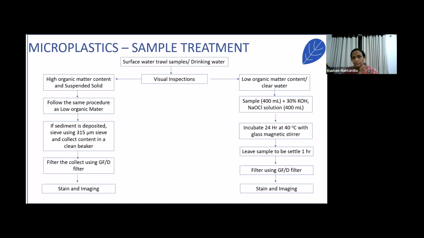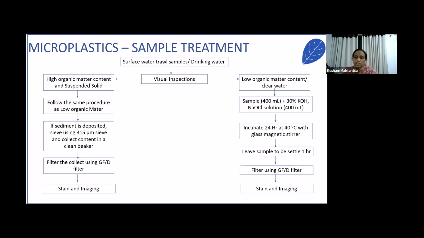If the low organic matter content is present and it is clear water like drinking water, for 400 milliliters of the sample, I add 30% KOH and NaOCl solution and incubate for 24 hours at 40 Celsius with magnetic stirrers, which are glass, not plastic, in the shaker incubator, a temperature control stirrer, for 24 hours.